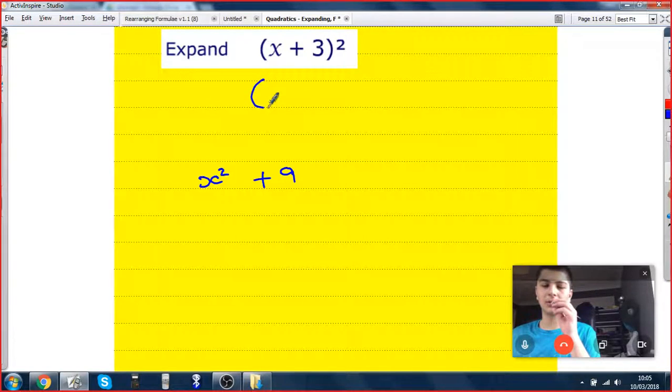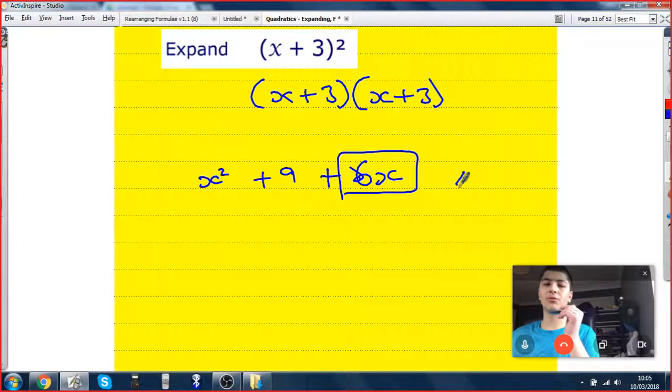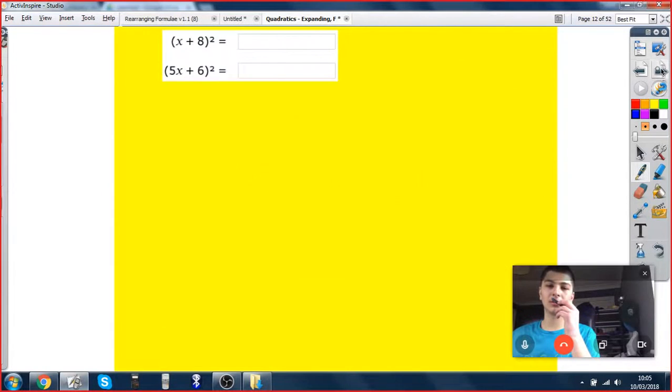And so you would just write the bracket twice. Oh, right, okay. And so what's missing from our answer? 3x. Yeah, 6x. That's right. So if you ever have a square bracket, just write it twice, and then it's exactly the same as any other double bracket.